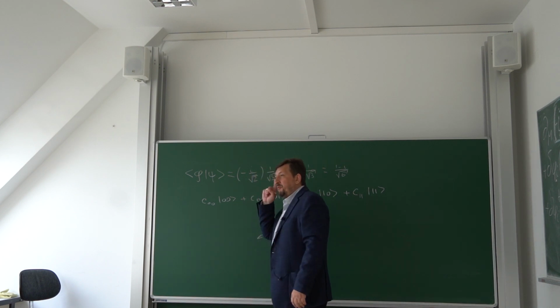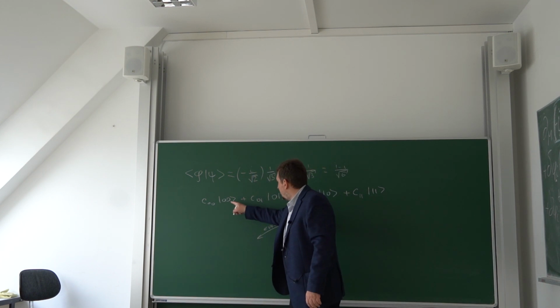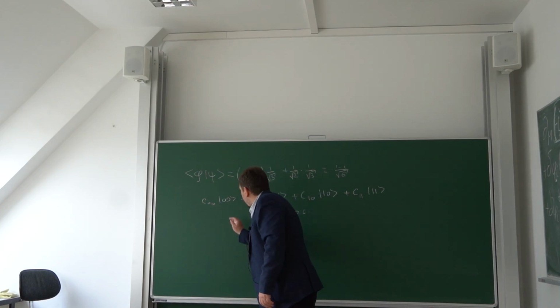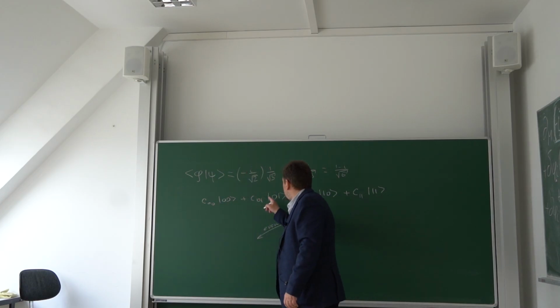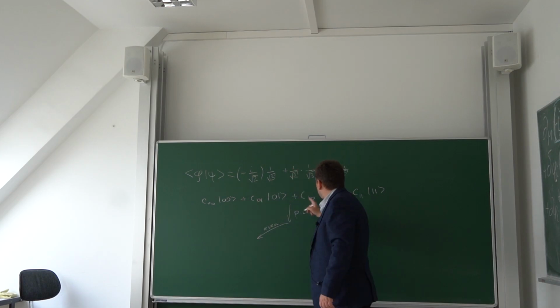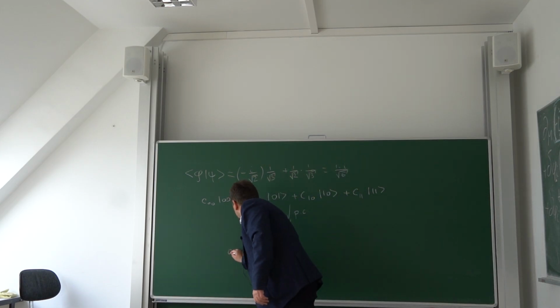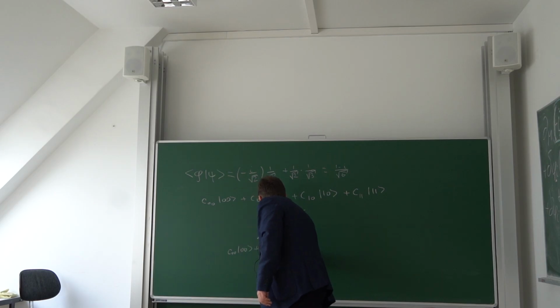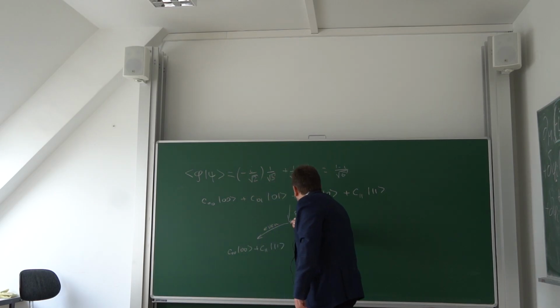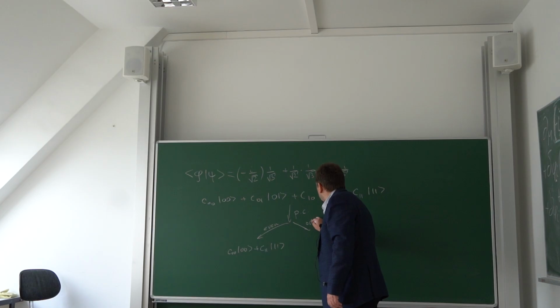If the outcome is even, we will have partial collapse. We will not have all the terms, we will have only even terms. If the outcome is odd, we will keep these terms.